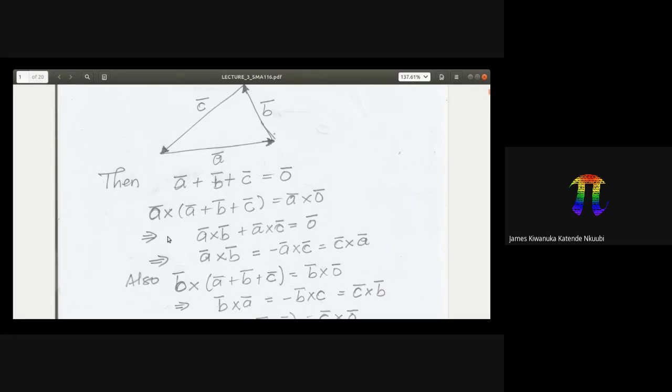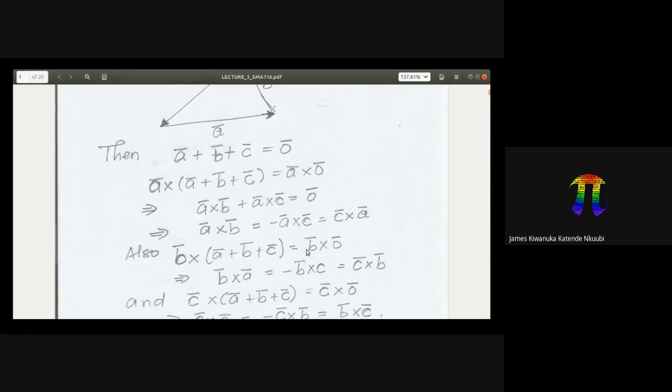It is equal to 0. Correct. So all you're left with is this, and you can now rewrite this as A cross B is the same as minus A cross C. But based on the properties of the cross product, this again is the same as C cross A.